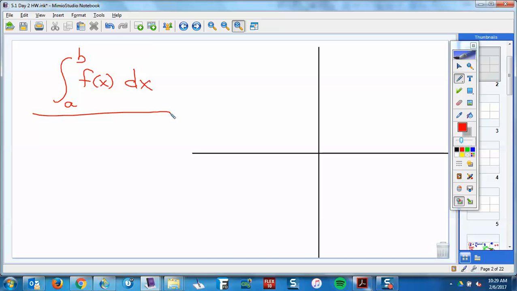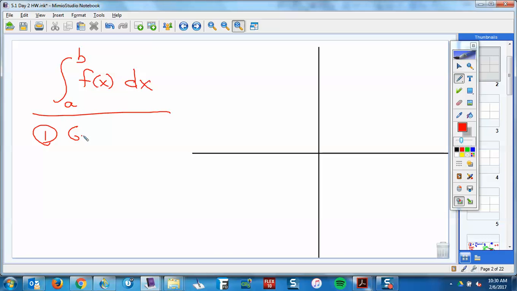It's the area between that function and the x-axis between point A and point B. We have two ways of finding that number right now. Think back to slope. What were the ways we had of finding f prime of 2? Well, in the beginning, we just picked two really close points. Remember that? The best we could do was approximate. But if it happened to be a line, then we could find the slope because we knew how to do slope of a line. Well, that's where we're at right now.